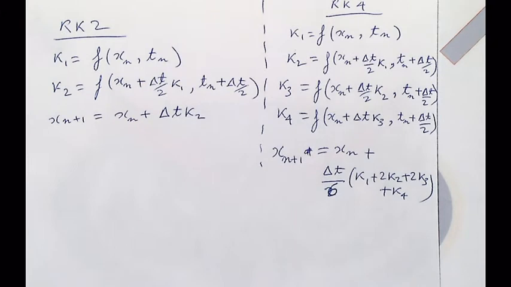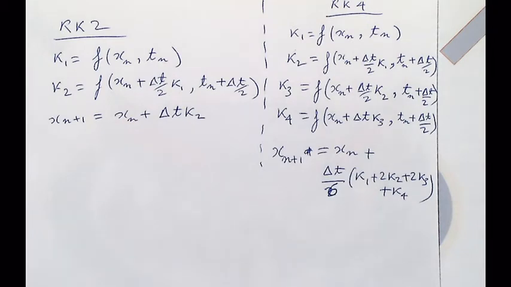So should we use RK2 or RK4? RK4, why? Because we have everything we need. Yeah, we have everything we need because this is an explicit scheme, right? And RK4 is higher order accuracy, so it makes sense to use a higher order accuracy scheme.